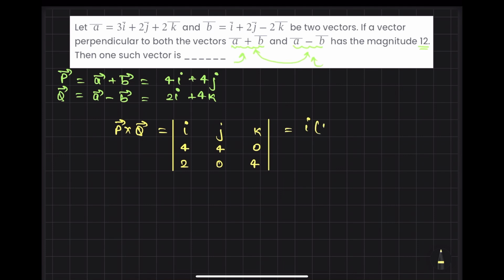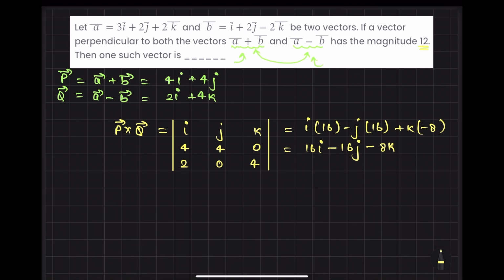So it is 16 minus 0, minus j is 16 again, then plus k is minus 8. Okay, so we got a vector 16i minus 16j minus 8k. Correct?